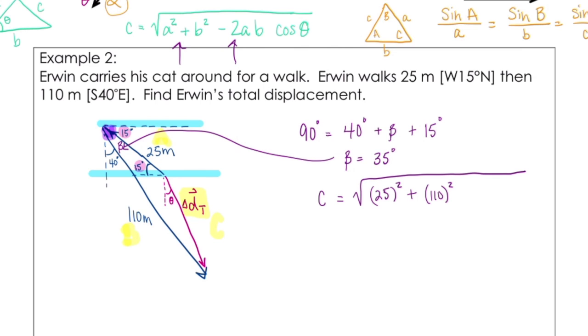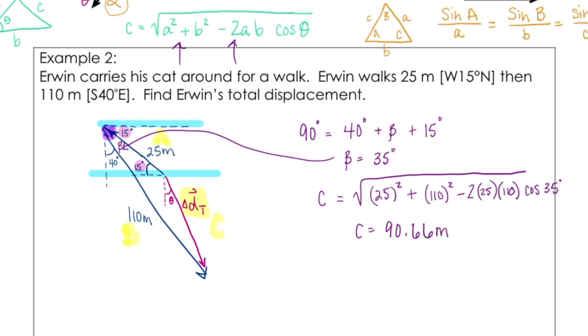minus 2 times A times B times the cosine of our angle, which is 35. When we plug all of that into the calculator, we should get that C, our total change in position, is 90.66 meters.